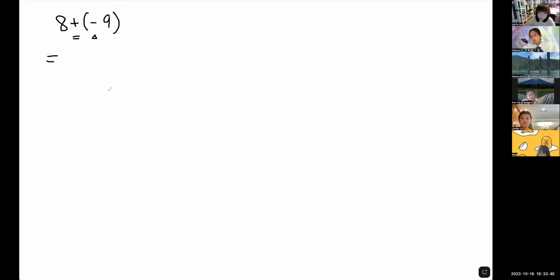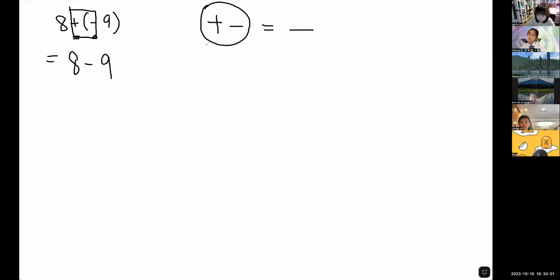No, of course not. So when you have plus and minus together, you need to do what? You need to do 8 minus 9. Minus 9. Plus meets minus equals minus. Okay, everybody, please write down: plus meets minus equals minus.